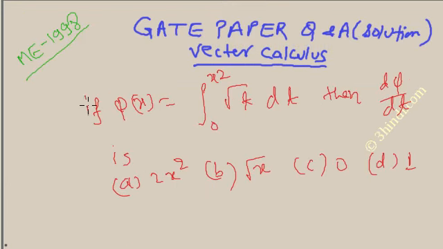This is the question for the GATE exam 1998. If phi of x is equal to the integration of root t from 0 to x square, then find d phi by dx, and you have to solve this.